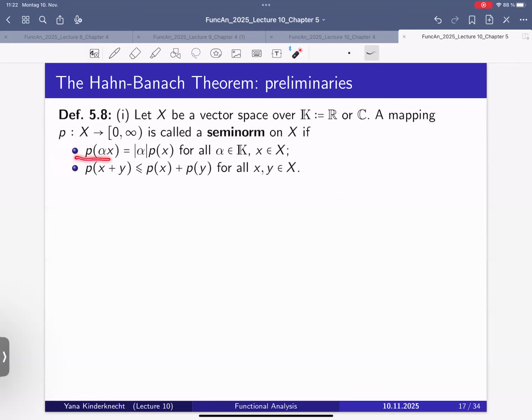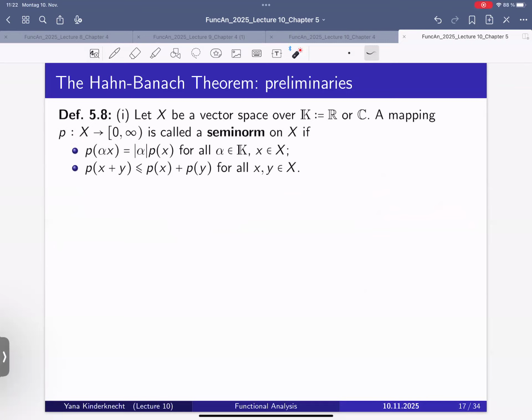The first is absolute homogeneity: P of alpha x is the same as the absolute value of alpha times P of x, for all alphas and all x's. The second is the triangle inequality. So if we have a norm, it is a semi-norm. If we have a semi-norm, it is a norm if and only if P of x equal to 0 implies that x is equal to 0.